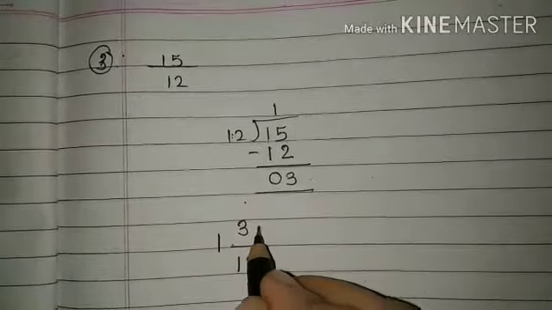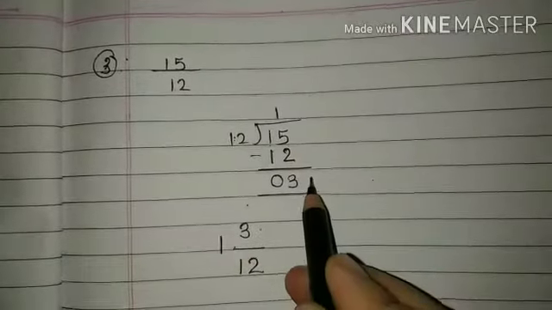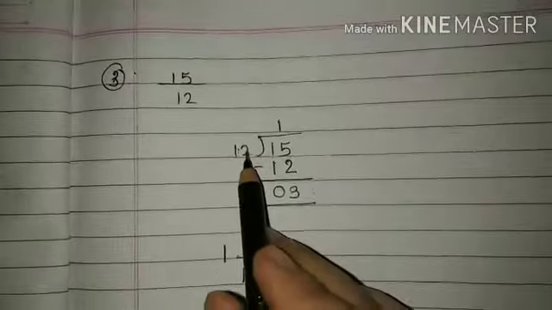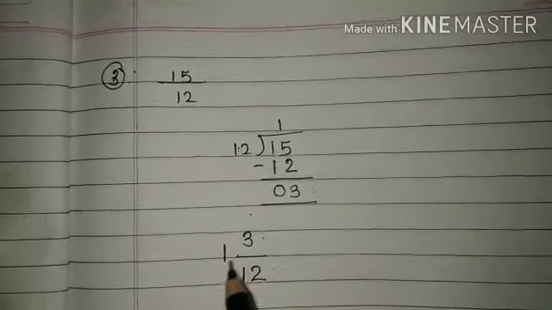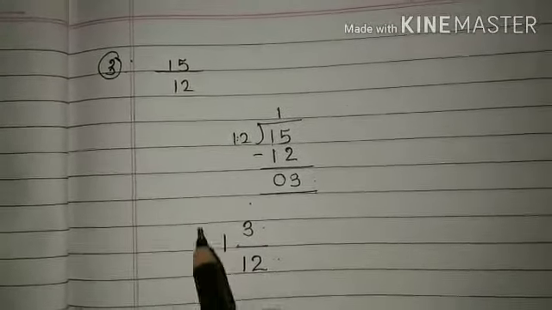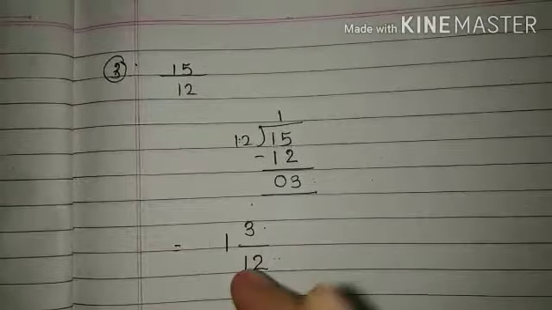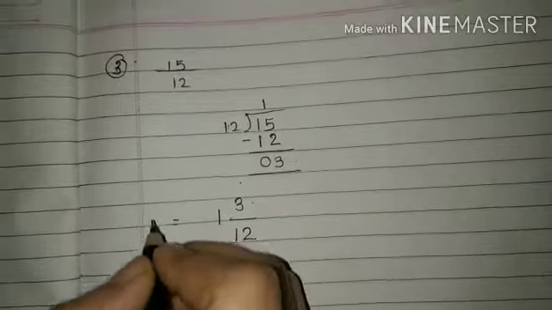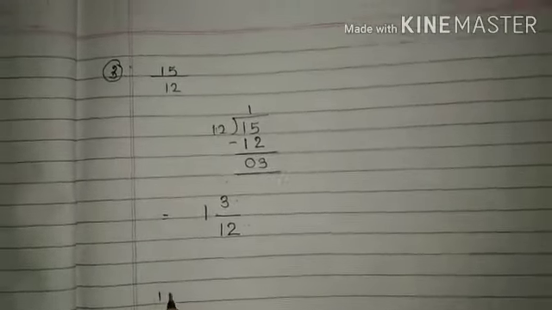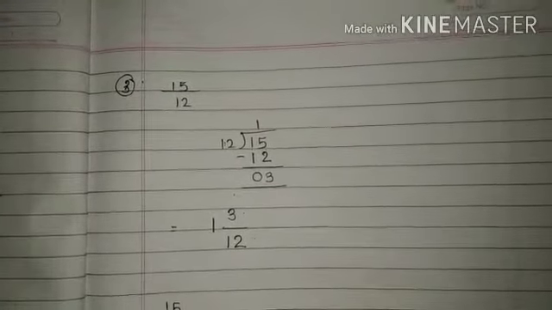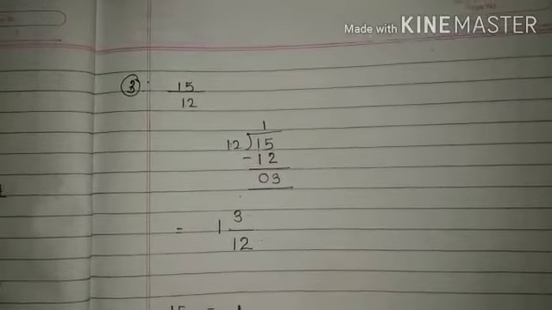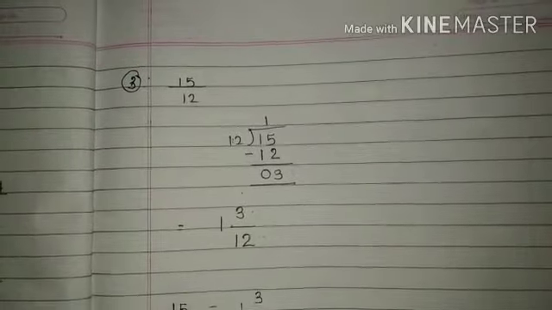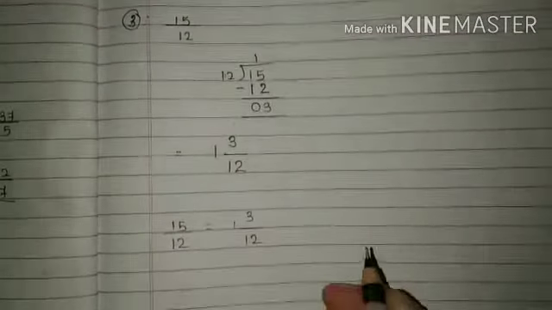So our numerator will be the remainder and the denominator will be the divisor, and the quotient is our whole number. So this is the mixed fraction. So we have converted 15 upon 12 into a mixed fraction, that is 1 and 3 upon 12.